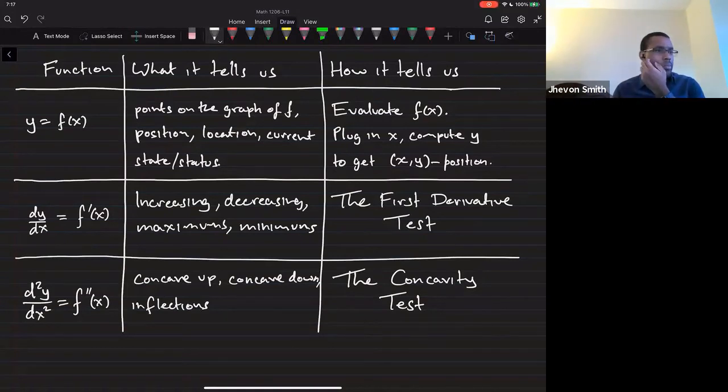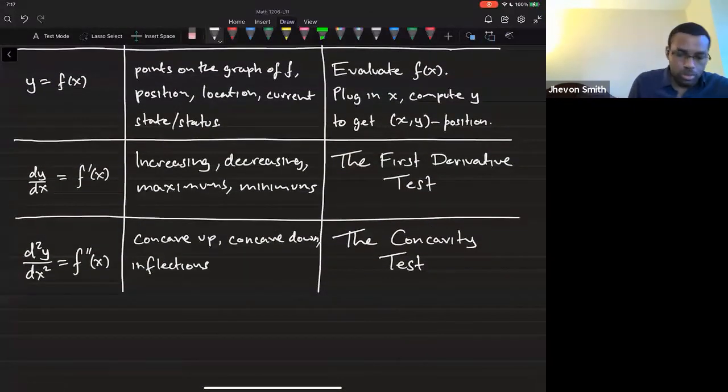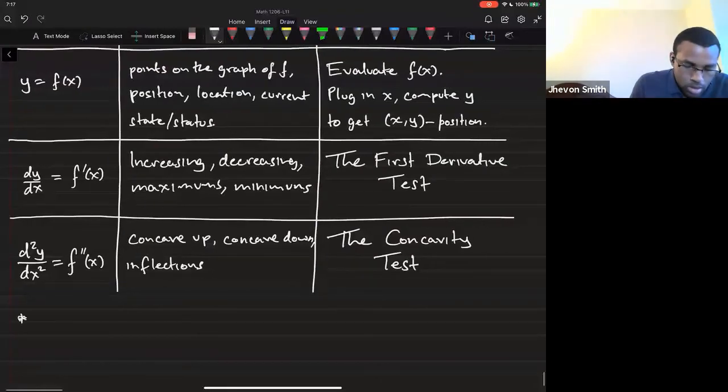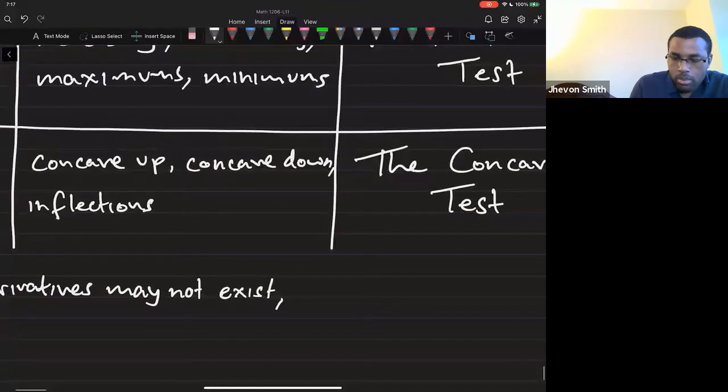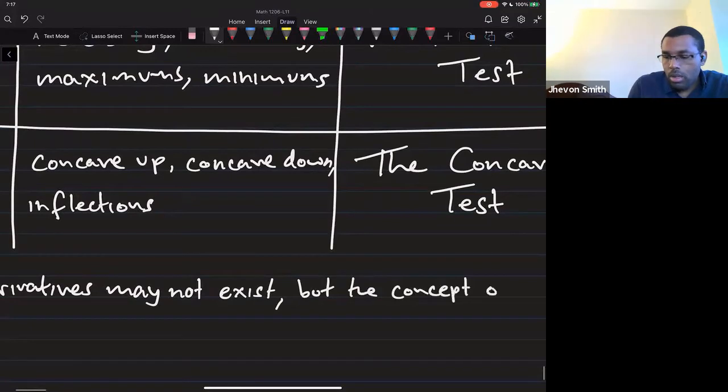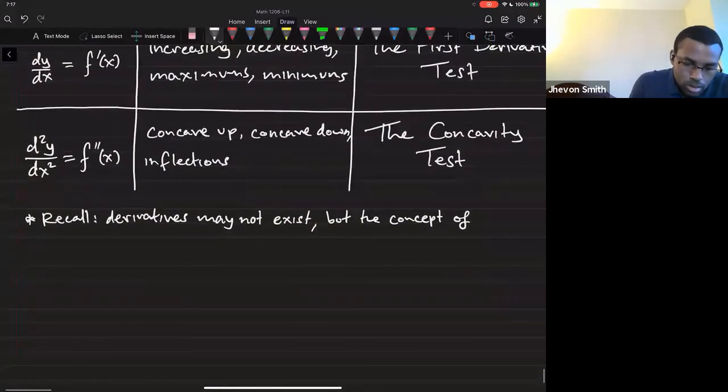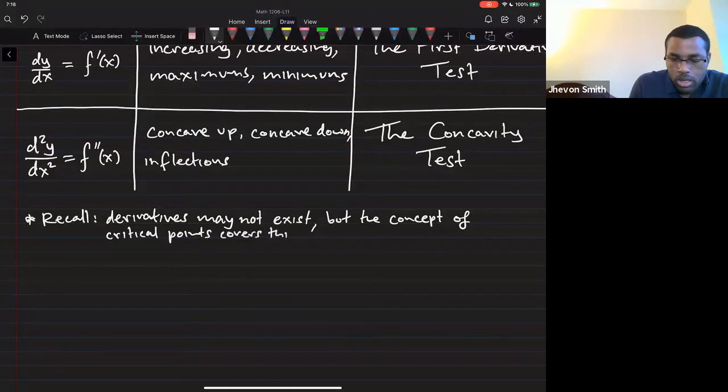And again, recall derivatives may not exist, but the concept of critical points covers this case.